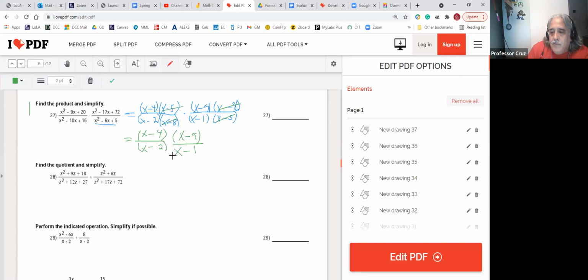So that's all we can do. It would have been nice if there was one extra factor that came out, but they didn't see fit to do that.